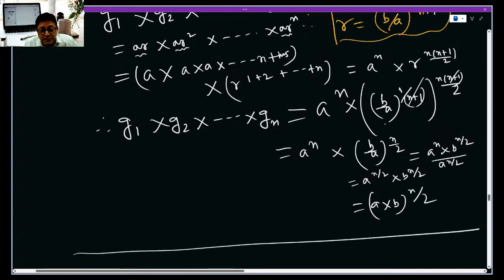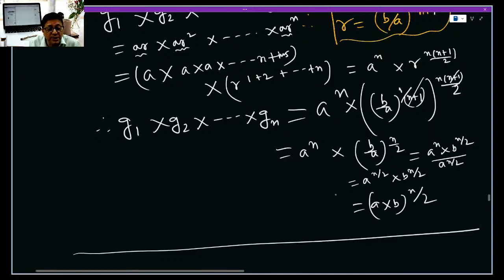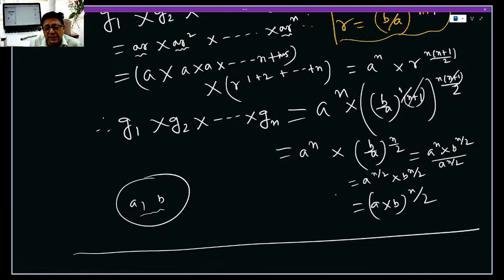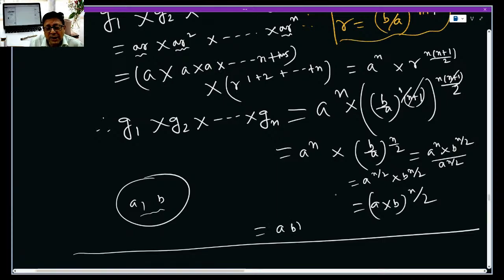So the product of n geometric means inserted between two numbers A and B is the product of these two to the power n by 2. Have you made one more observation here? This is nothing but (AB) to the power half, to the power n. This (AB) to the power half is what? It is the single mean. So G to the power n.